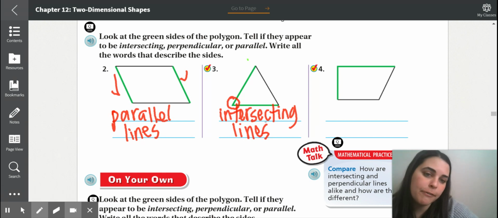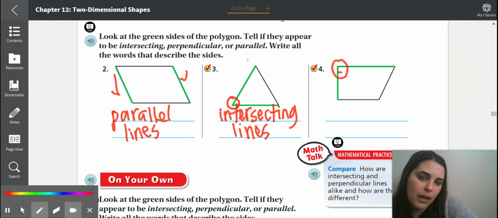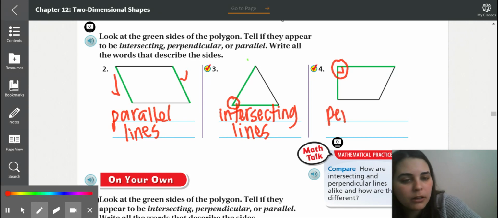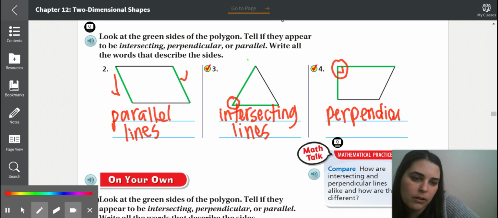And the last one, number 4. Okay, we can see that these two lines meet right here. And those appear to make a right angle. So we would call those perpendicular lines.